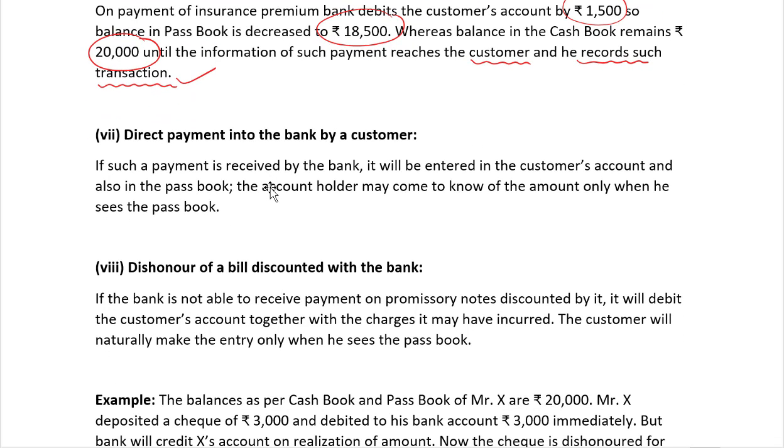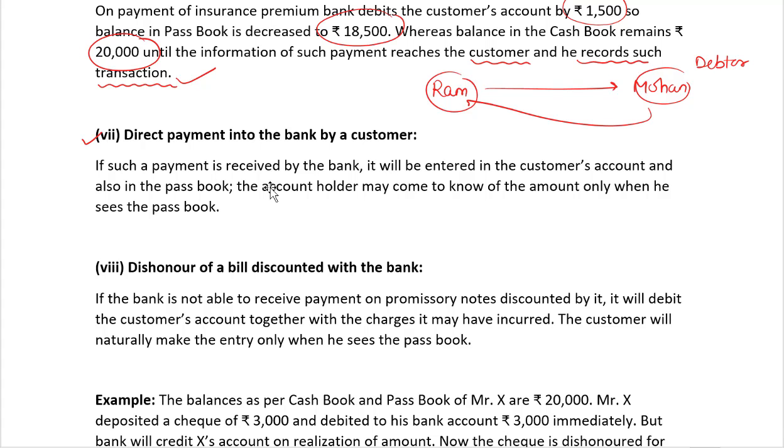Let's see point number 7. Direct payment into the bank by a customer. Many times it happens, students, that we have made a sale to some person. Supposedly over here Ram has made sales to Mohan, and Mohan is the debtor because this sale is a credit sale.